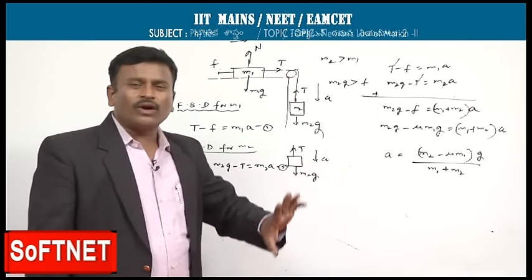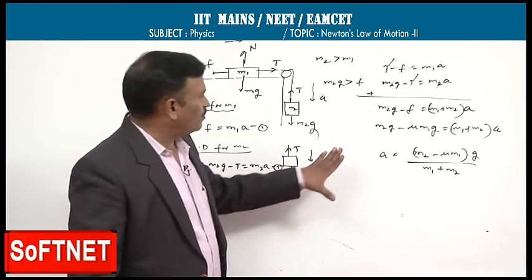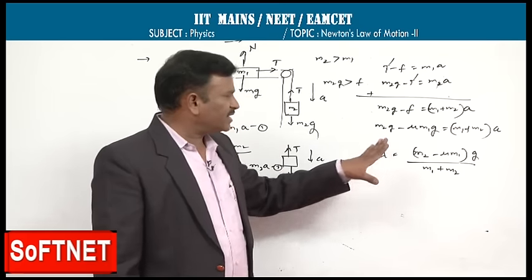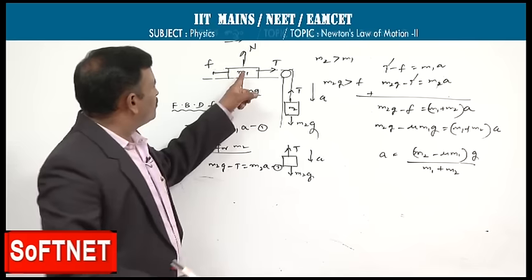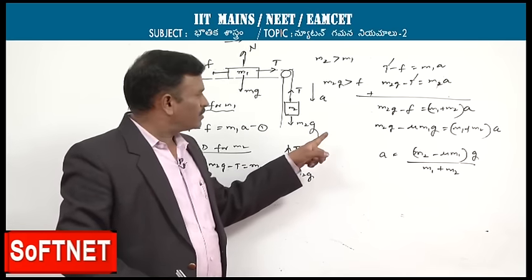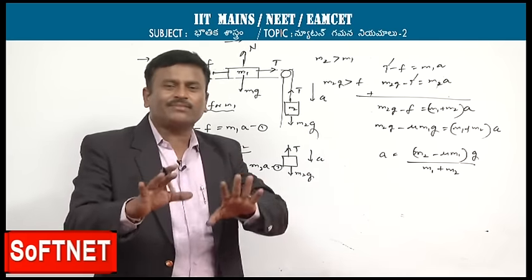Here only one shortcut method we have to follow for finding the acceleration of the system, any system, that is net unbalanced force by total mass is nothing but acceleration always.